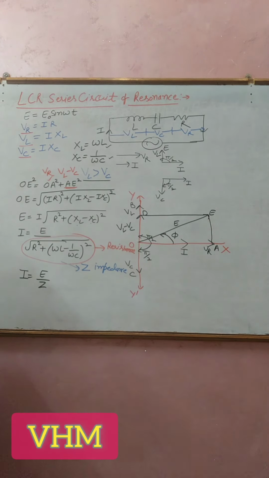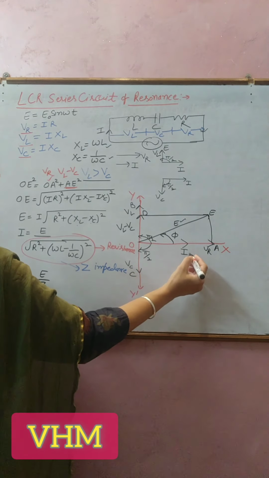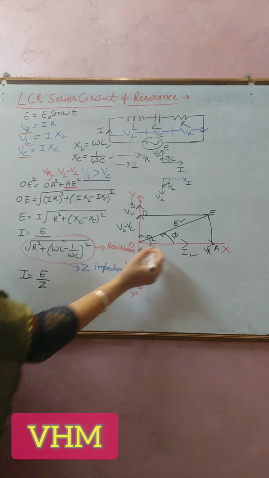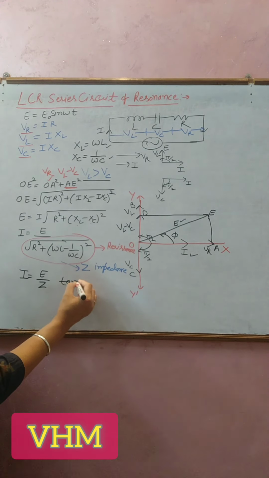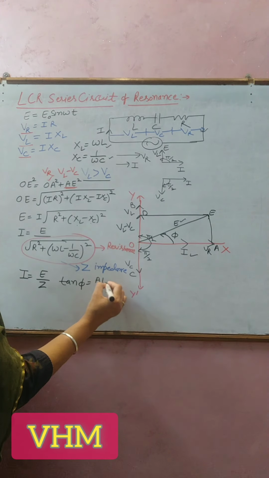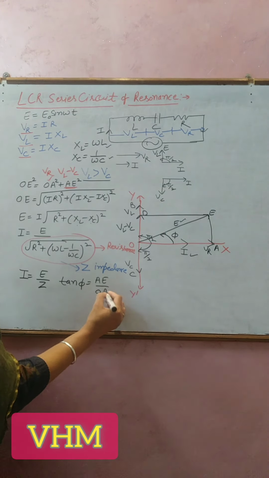Now for the phase angle relation between the net voltage and the net current. From the phasor diagram, how do we write tan phi? Tan phi is AE upon OA.